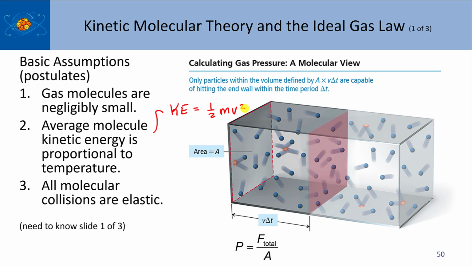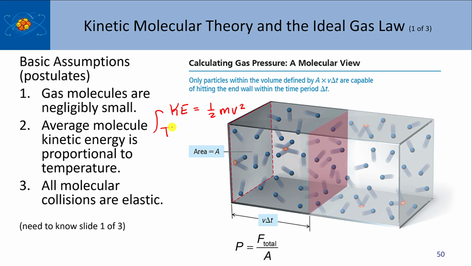You don't really need to know that expression in all that much detail, but that's the equation for kinetic energy, and m is the mass and v is the velocity. So when we say average molecule kinetic energy is proportional to temperature, that means if I increase the temperature, I increase kinetic energy.